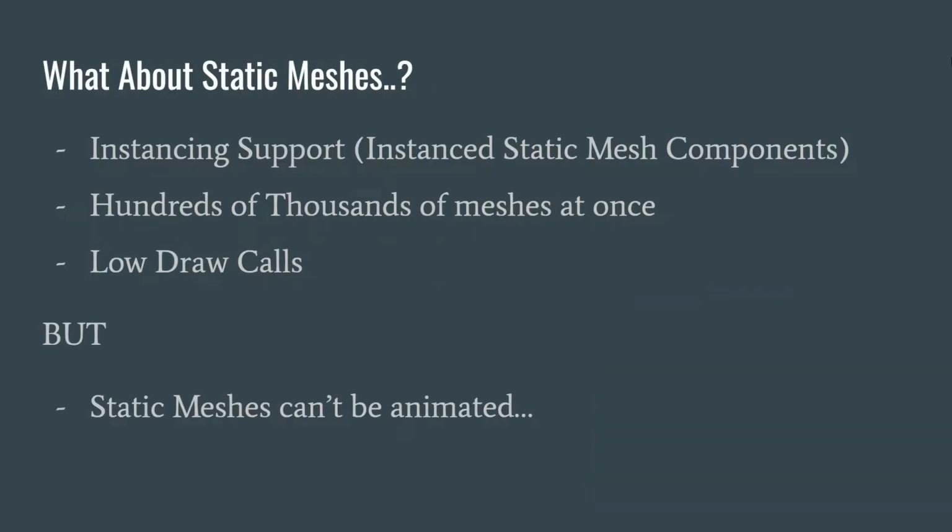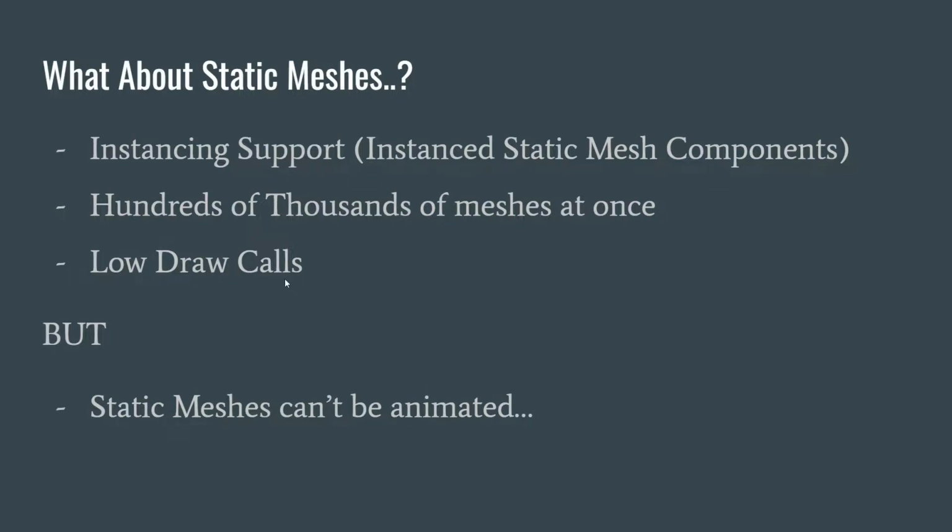Okay, let's take a step back and think about static meshes, because Unreal can do static meshes very, very well. They have support for instancing with their instanced static mesh component, which is honestly pretty crazy. You can easily render 100,000 meshes using the instanced static mesh component.